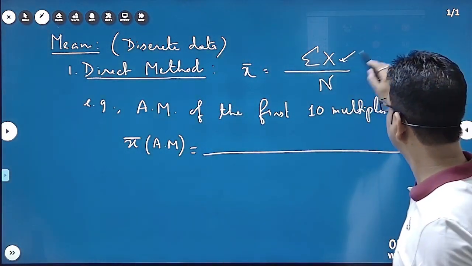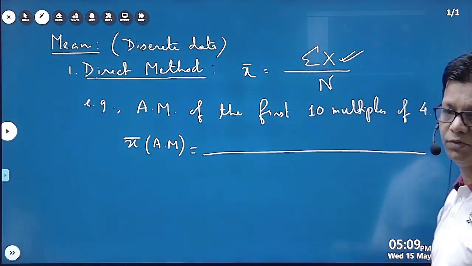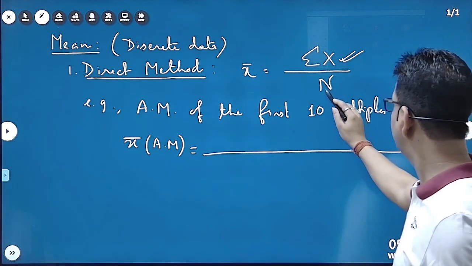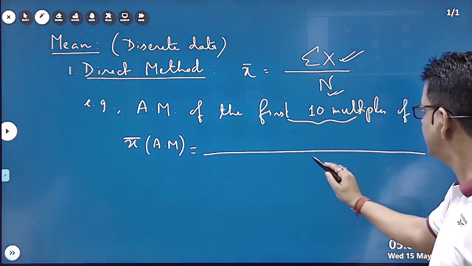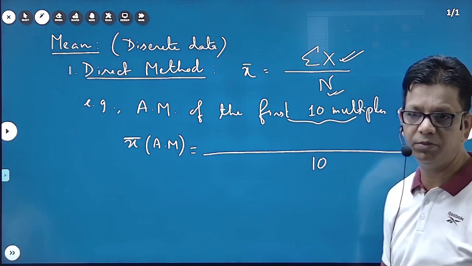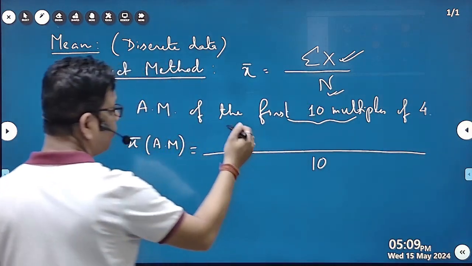The summation of x refers to the sum of all the data for this question, and n refers to how many. We are asked to find the mean for n data, so n is the total number of data. For summation of x, we write all the data individually.